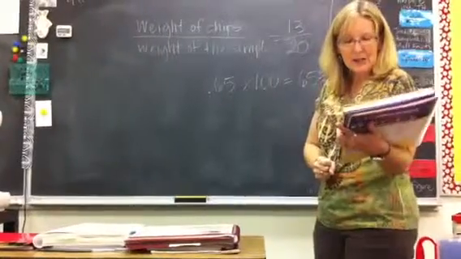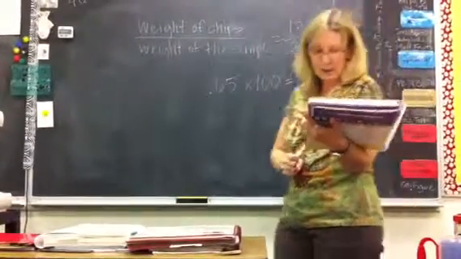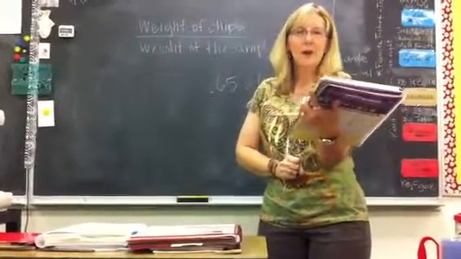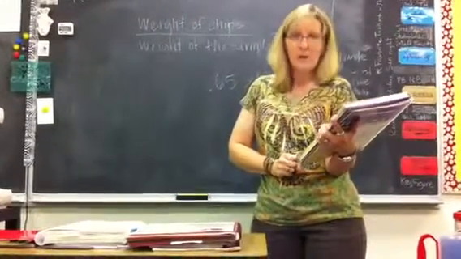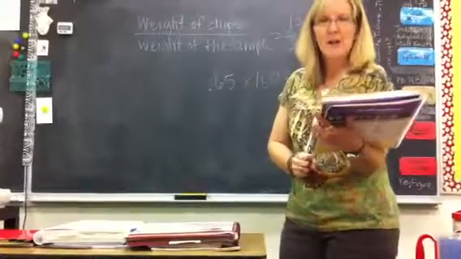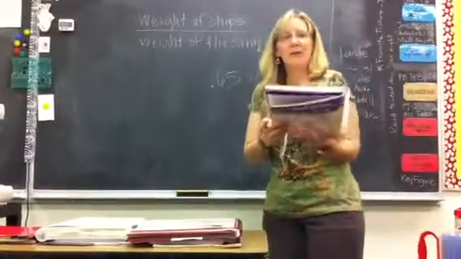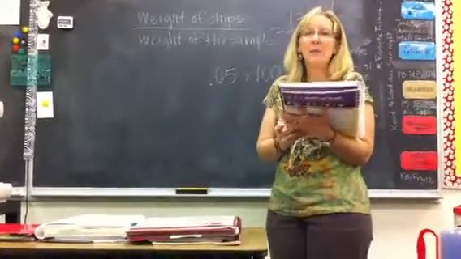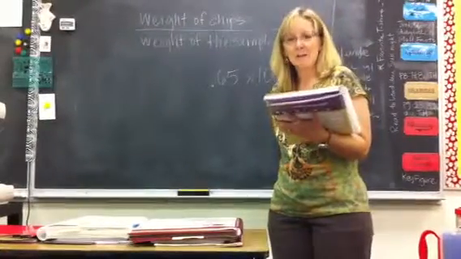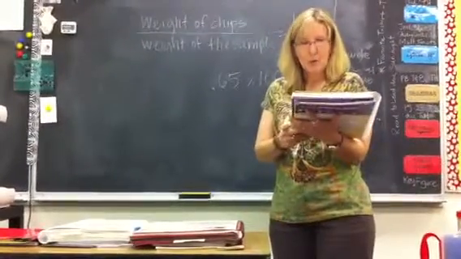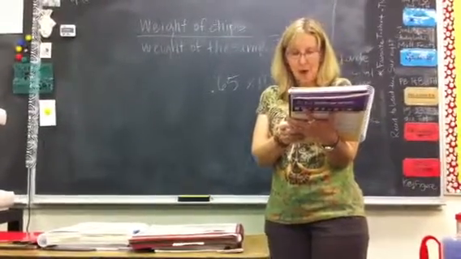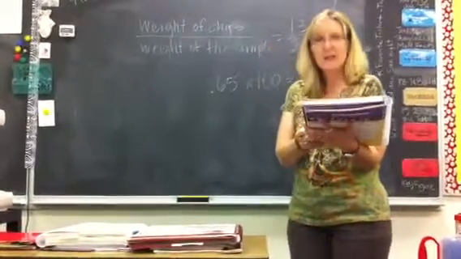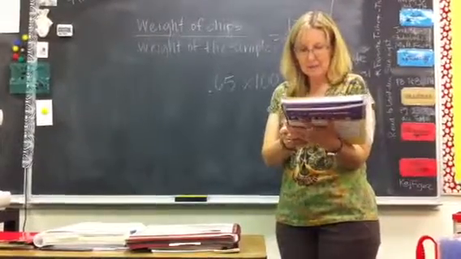Okay, the next thing that you're looking at on page 40, and you're going to follow along when I read this out loud, is samples, right under the math message. And we're defining what a sample is. In math, a sample is not just something you taste, it's something we can do math with. So, a random sample is a sample that gives all members of the population the same chance of being selected.